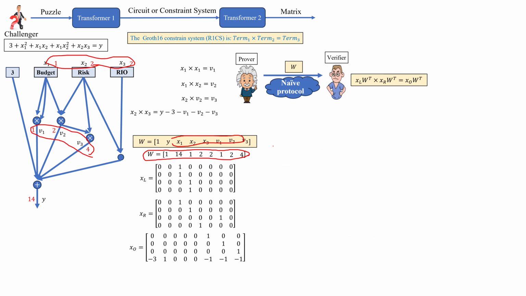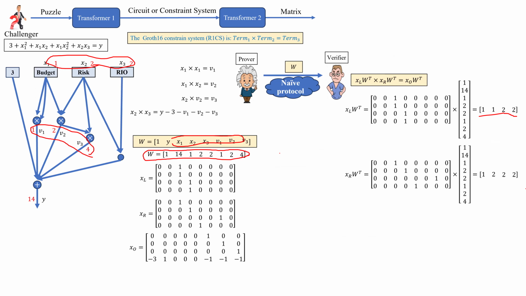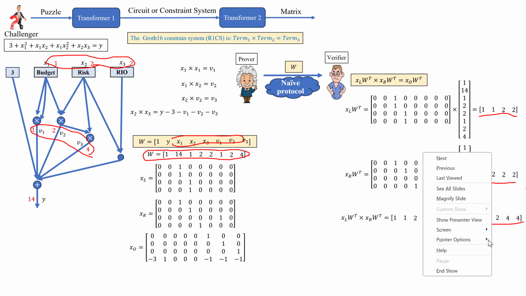So then the prover sends this vector to the verifier, and if you compute these values, if you multiply XL by WT, you will reach this value. And also, then the verifier multiplies XR by WT and then reaches this value. And then multiply these two values to each other, and this is the answer. And this is for the left side of the equation.